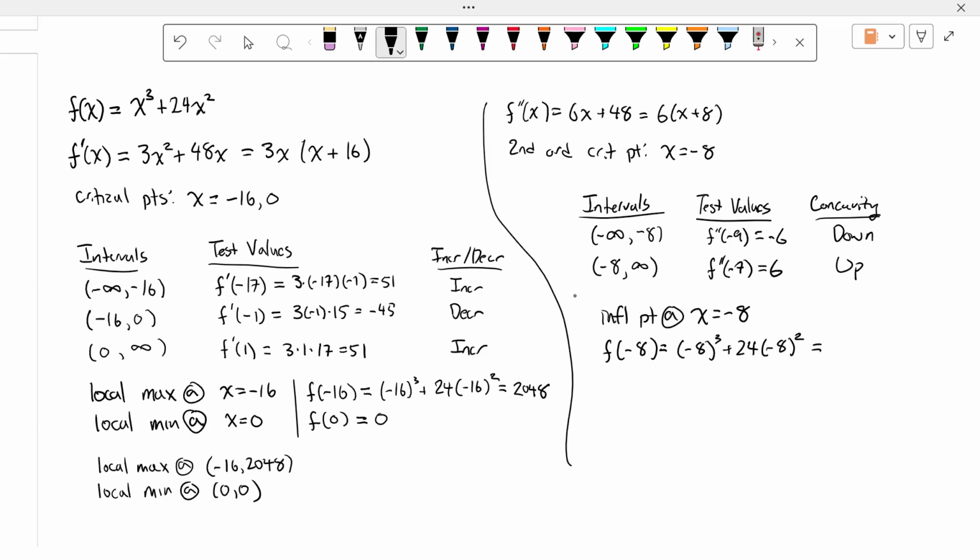Can I do that one in my head? I don't know. That's gonna be 64 times 16. So that's 2 to the 6 times 2. That's 1024. Is that what my notes say? It is. 1024. All right.